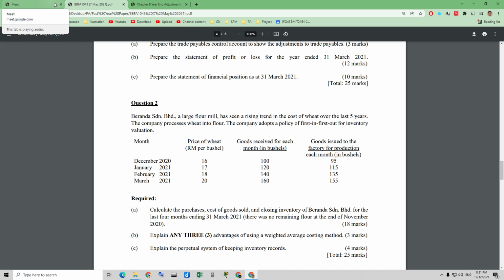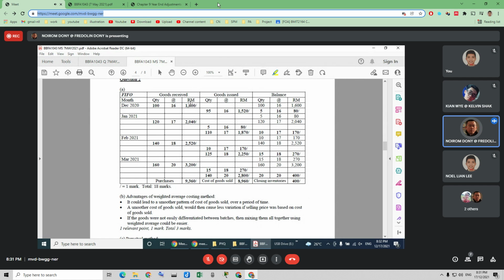Referring to this, we don't add like what we did for the purchases and cost of sales, because in the balance column here we are continuously updating. Every time we have a transaction, we update the balance, until the last March, where the last row states 400.